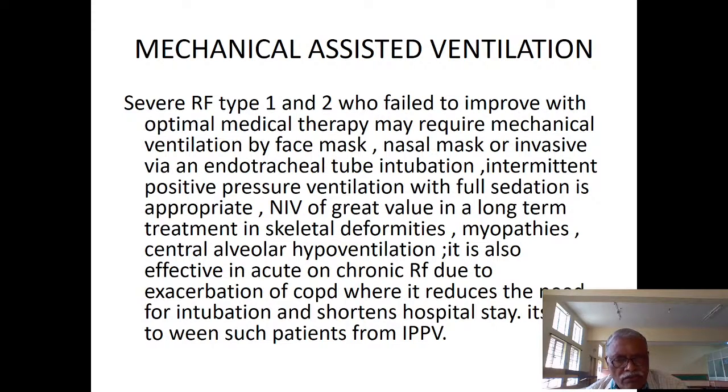It is also effective in acute on chronic respiratory failure due to exacerbation of COPD, where it reduces the need for intubation and shortens hospital stay. And it is used to wean such patients from invasive positive pressure ventilation.